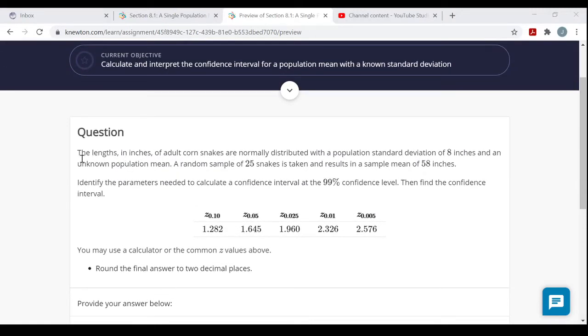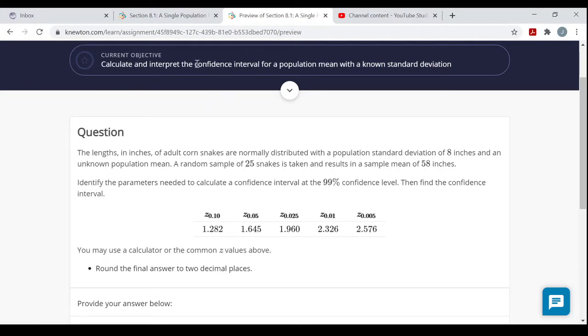Alright, so here, the lengths in inches of adult corn snakes are normally distributed with a population standard deviation of 8 inches. Right, so they give us sigma, the population standard deviation. See, that's with a known standard deviation up there in the title of the objective, and an unknown population mean.